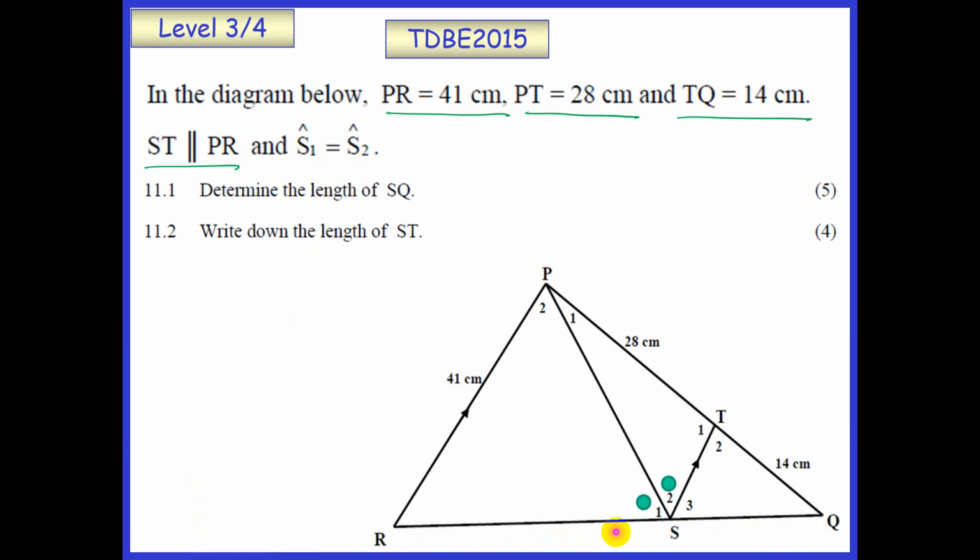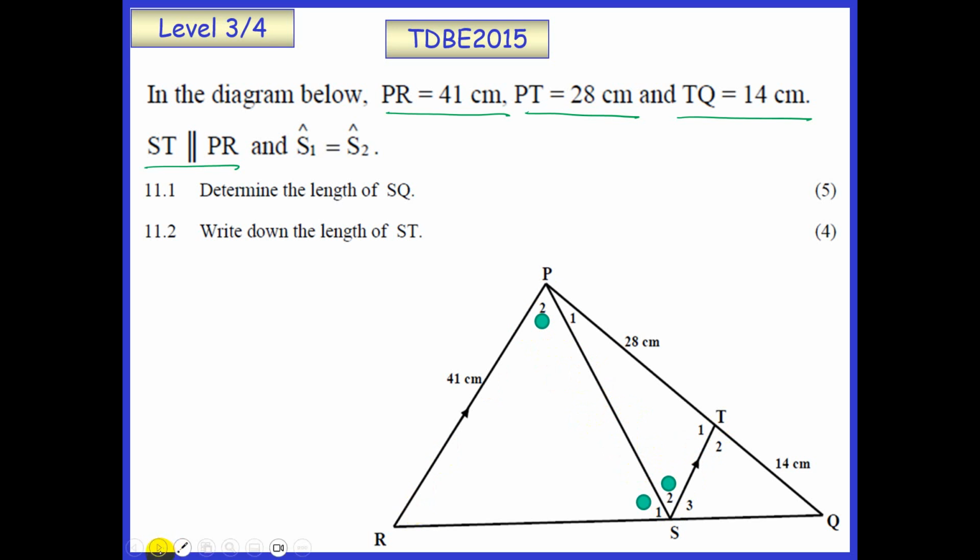So if S1 is equal to S2, remember that's given, immediately we can conclude that P2 is equal to S2. And that's our alternate angles because TS is parallel to PR.